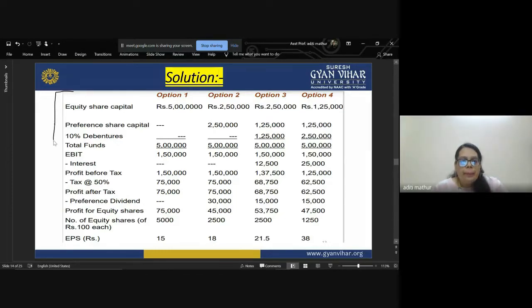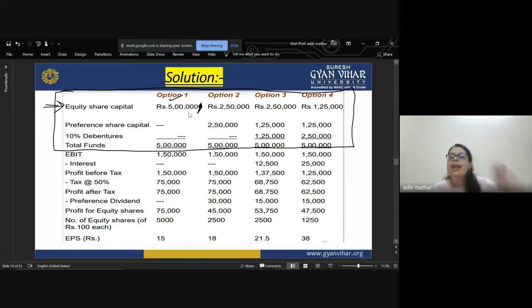This part of this table shows you the capital structure of these 4 options which the management have. Right? So in option number 1, the company is raising the entire 5 lakh rupees, sorry, this is a misprint, it is 5 lakh, from the equity share. In option number 2, the company is raising 50% from the equity shareholders and 50% from the preference shareholders.